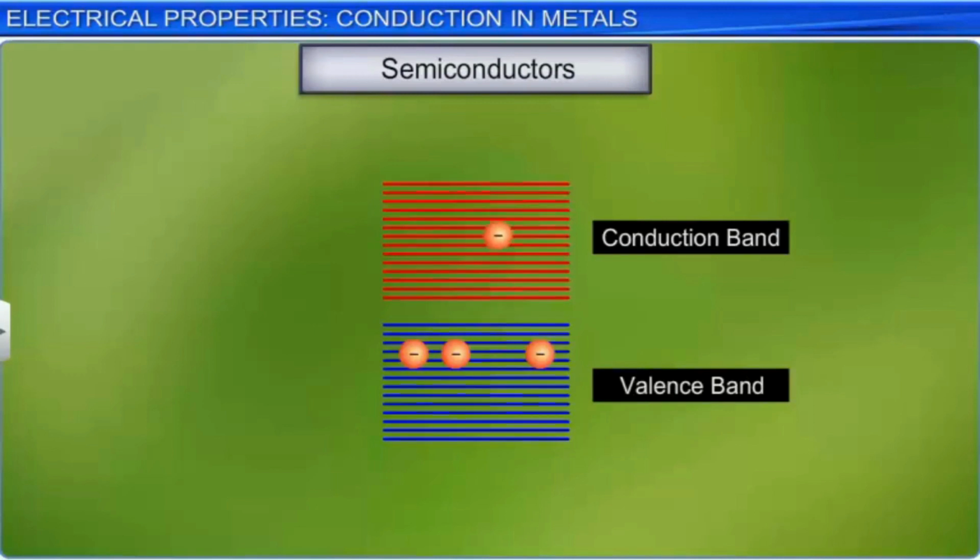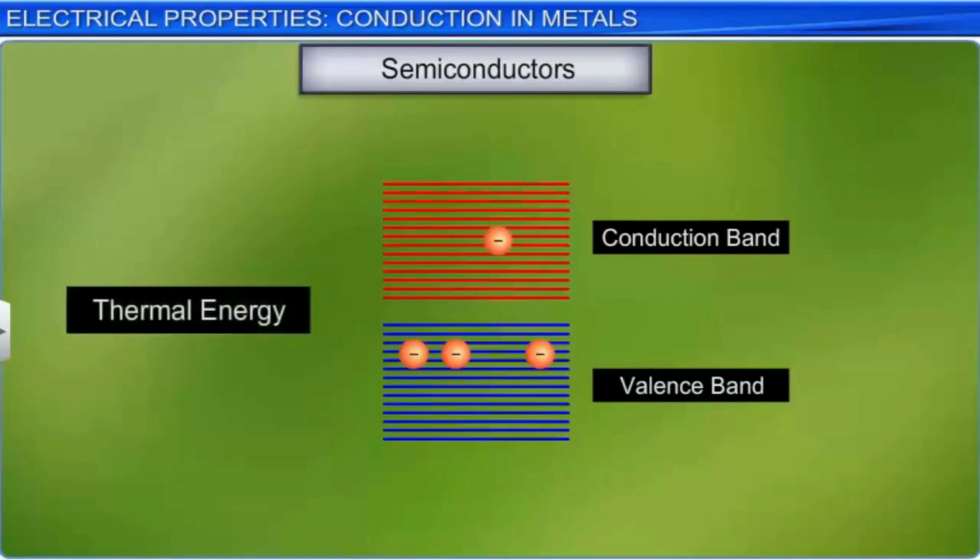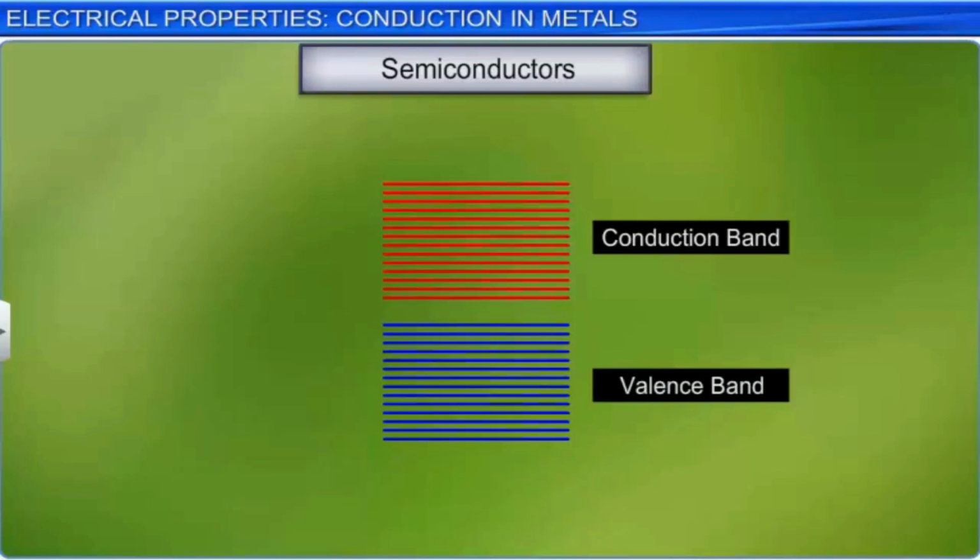Thus, only a small amount of current can flow through them. Thermal energy is one of the main mechanisms for electrons to be excited to the conduction band. Therefore, the conductivity of semiconductors depends strongly on the temperature of the material.